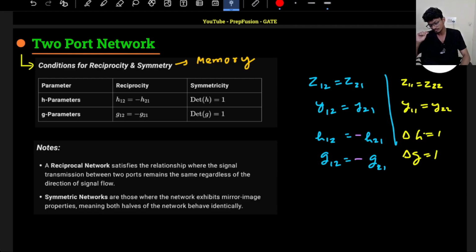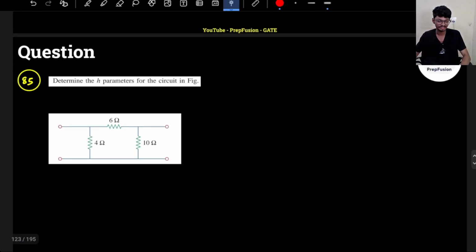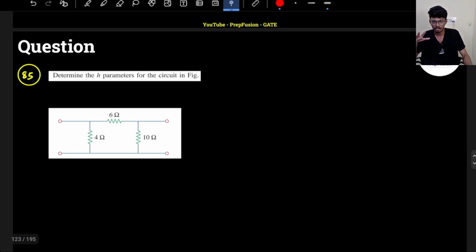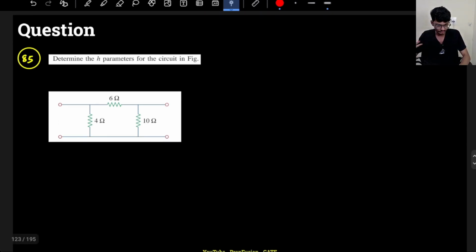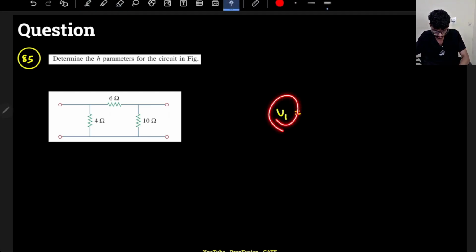Okay, so this is the first question. We have to determine the h parameters. So let's solve. How will I solve it? First thing, I always forget the h parameters. What are they? I will think, okay, there was v1, so I first write v1 here. Then I remember v1 is already getting used, so I cannot use v1 again, I have to use v2 in the second column.